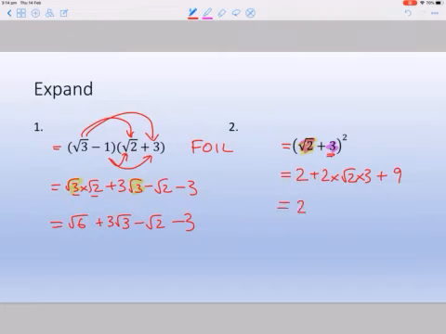So that equals 2 plus 6 root 2 plus 9, which equals 11 plus 6 root 2. So that's how we expand one of those. Alternatively, if you wanted to FOIL it, you could. It's just not that good of a way of doing it.